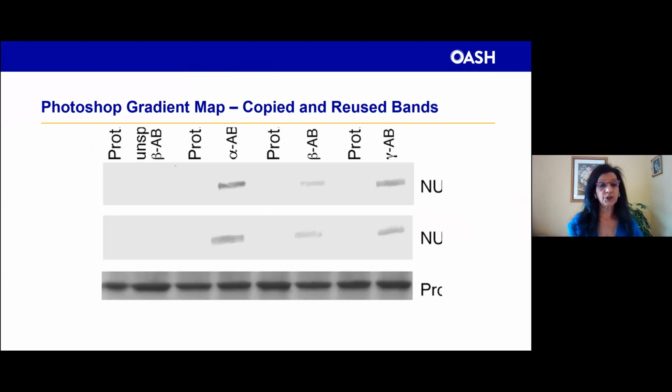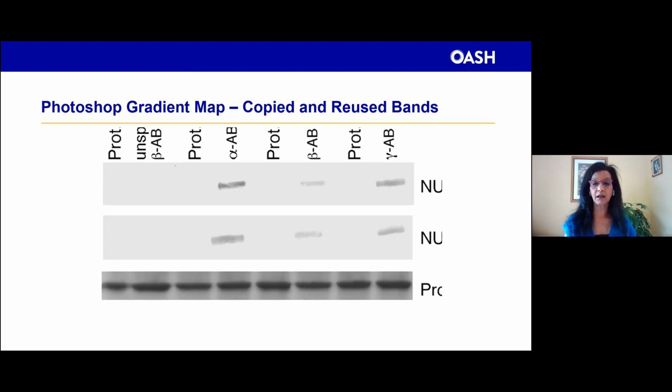We use the Photoshop gradient map a lot, and I know some of you also use it. It's on our ORI website, thanks to John Creeder, who was a previous investigator in our group, and he has put these Photoshop actions online for everyone to use, and we do get a lot of analysis. People used it. So this is used when you cannot convince someone that bands are similar.